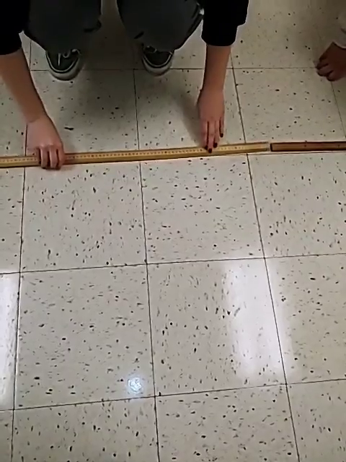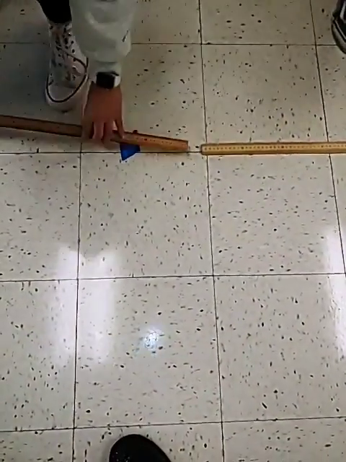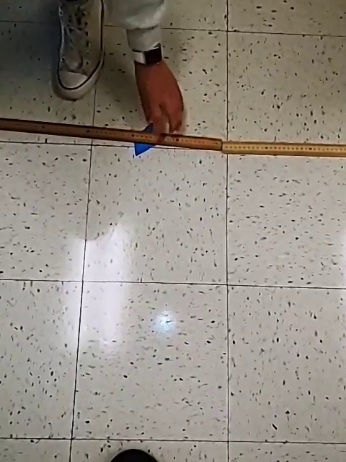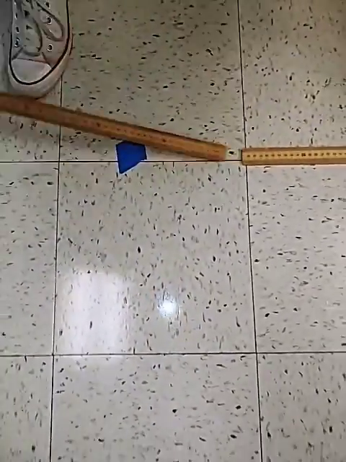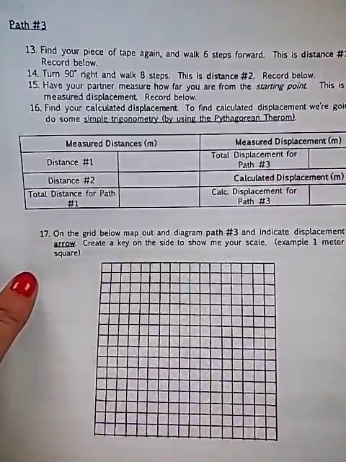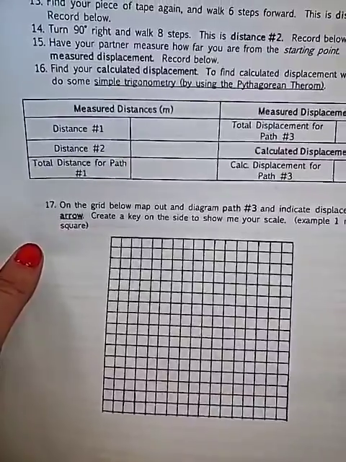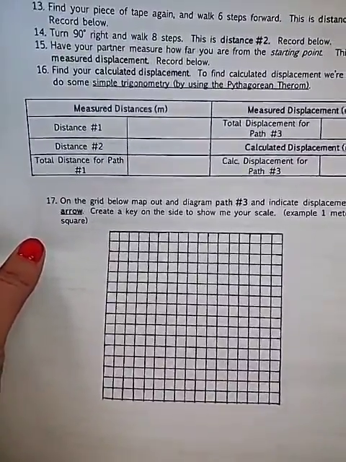So the distance for number 2 is 4 meters and 15 centimeters, so 4.15 meters.